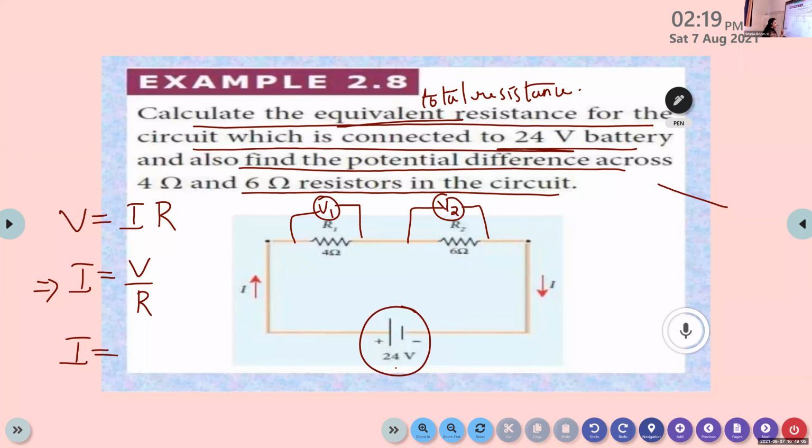So here V is equal to 24 volt divided by, what is the value of resistance R? The total resistance of the circuit. Roshan? What is the total resistance that we obtained here? R is equal to R1 plus R2, that is equal to 4 plus 6. What is the total resistance of the circuit?